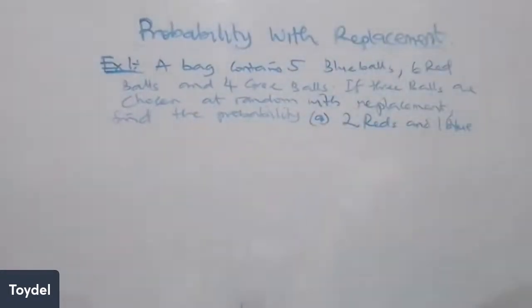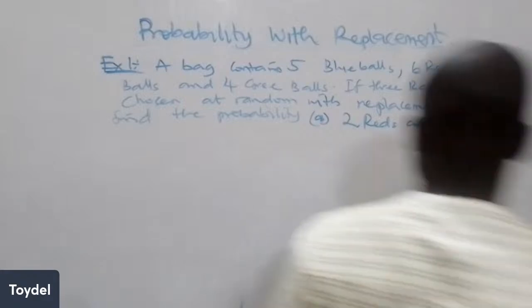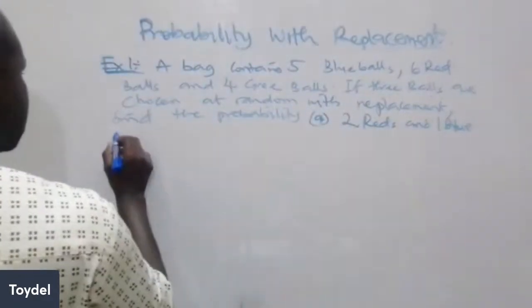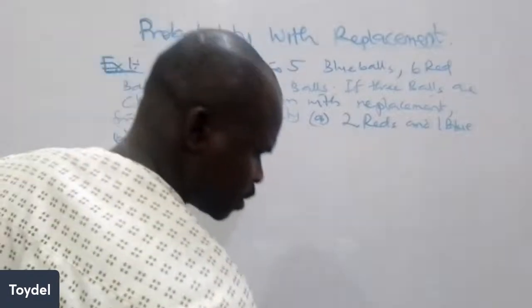So that's the first question. We want to find the probability that if balls are chosen at random, it is 2 red and 1 blue. So let's see another.